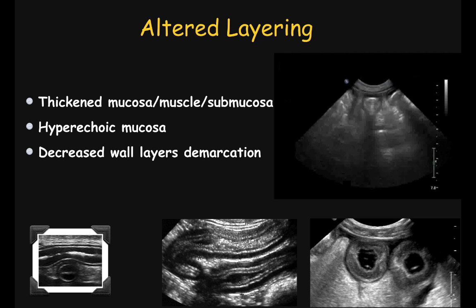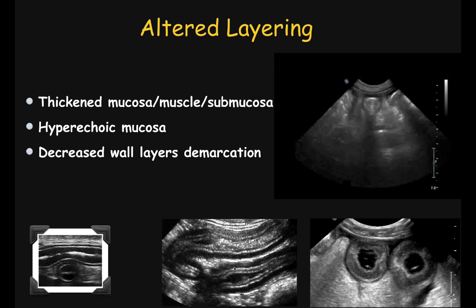Altered layering, in contrast with the normal bowel layers that we described earlier in the course, will appear as a change in relative thickness of one of the layers. It can be a thickened mucosa or thickened muscular layer, or even thickened submucosa, or it may be a change in the echogenicity of the layers.